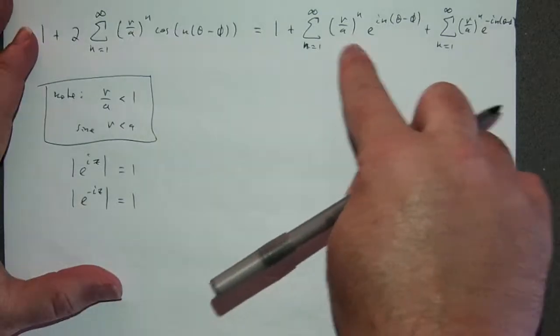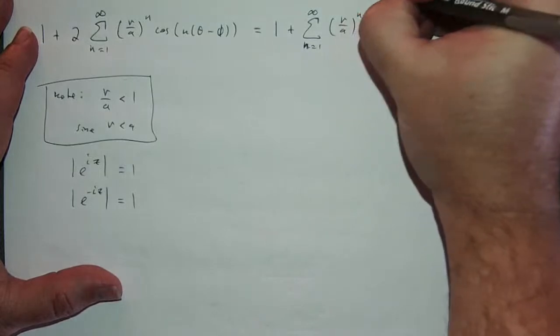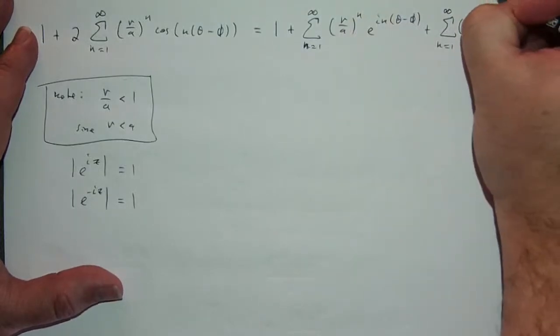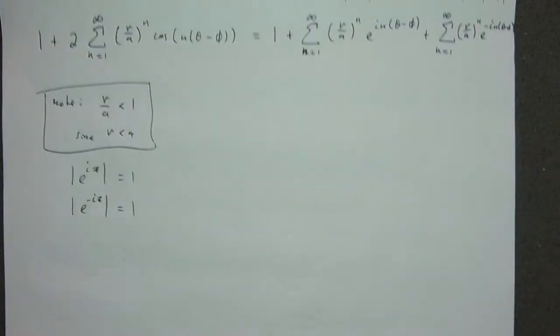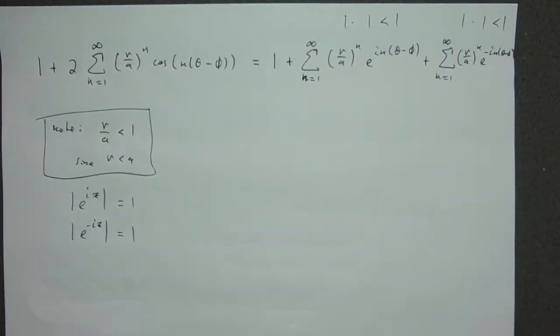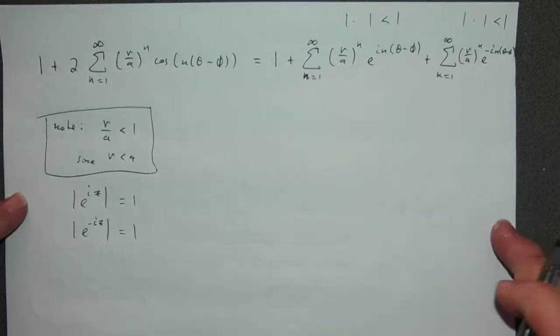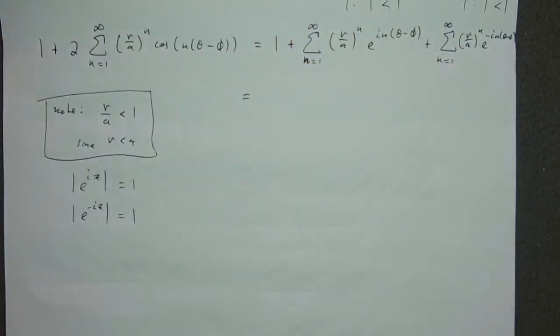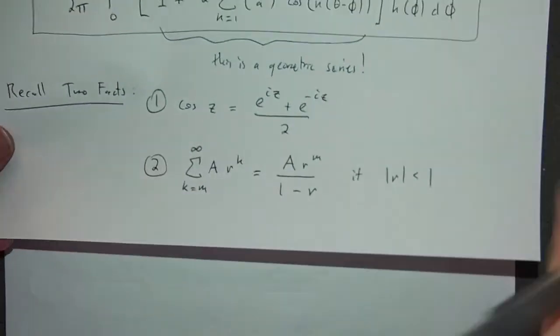And so these terms satisfy that their absolute value, or their modulus, is less than 1. And so I can apply the geometric series formula. Just to remind you, here it is.